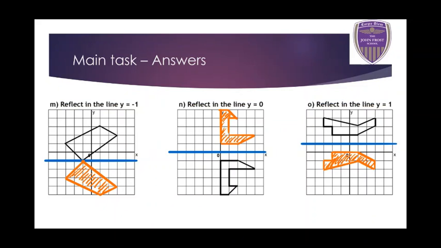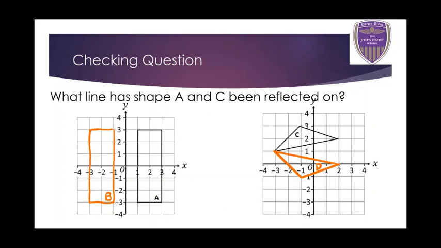So now for the checking question, I've got two sets of shapes here. A was my original shape. For shape A, I reflected it in a line so that I would get shape B. What was the line of symmetry I had to use to reflect A to get shape B?